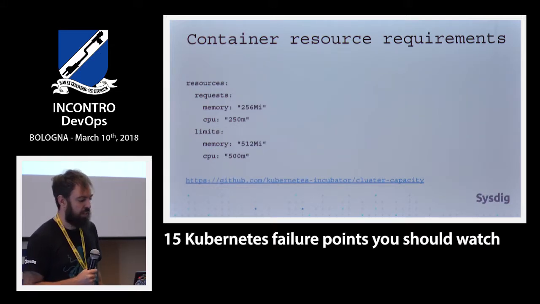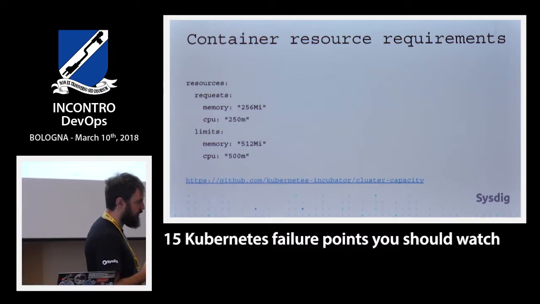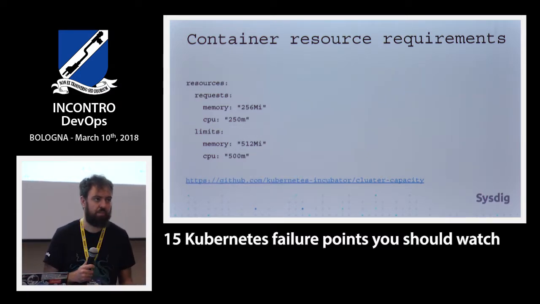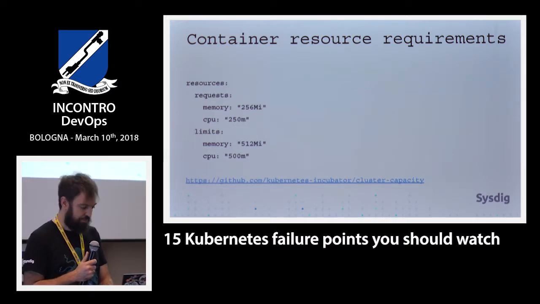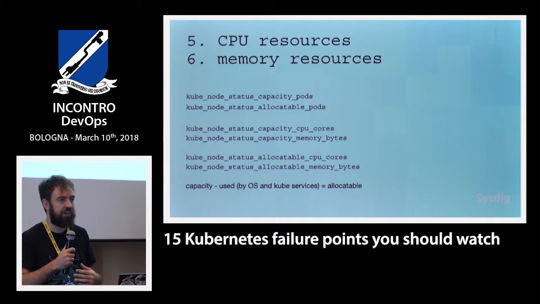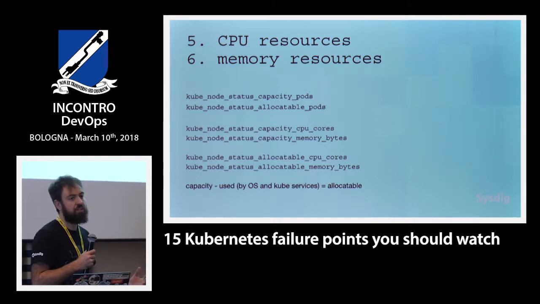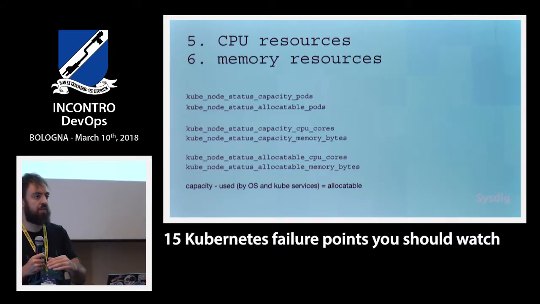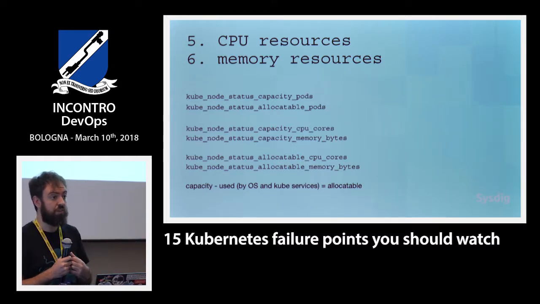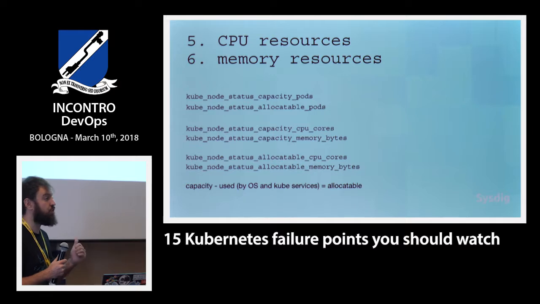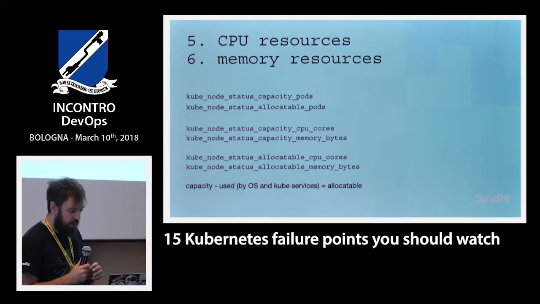There is more on that link about a project for monitoring capacity planning on your entire cluster. But if you want to compare what you are currently using versus the capability or the capacity of your cluster, I suggest you look at these metrics.